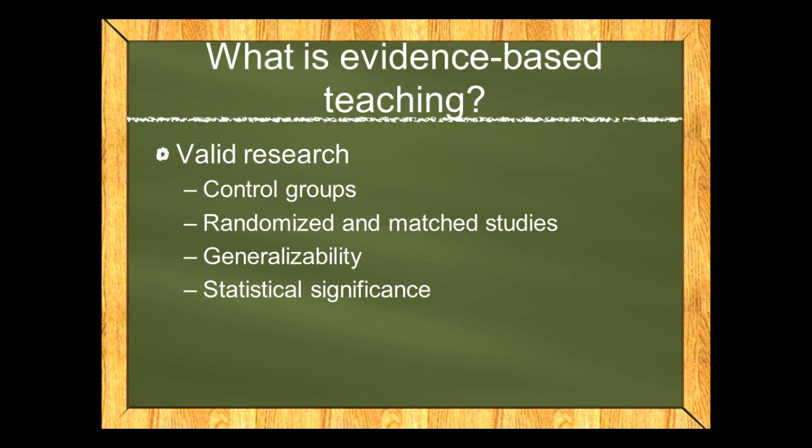And then lastly, they want to make sure that the studies that qualify for valid research under this evidence-based teaching exploration show statistical significance. So statistical significance just means that a quantitative analysis of the data or the results in the study prove that there's a statistically significant difference between the achievement of the students in the experimental group and the students in the control group.